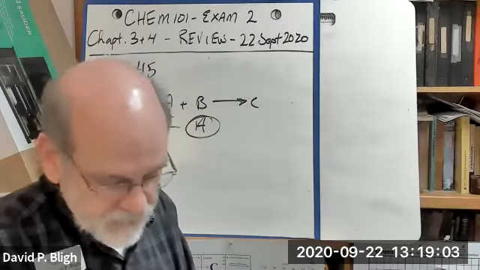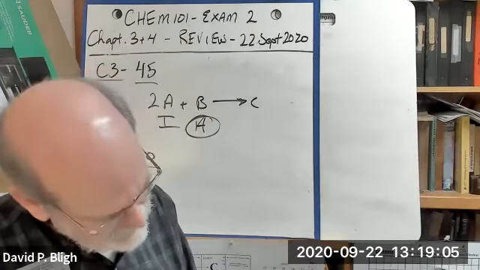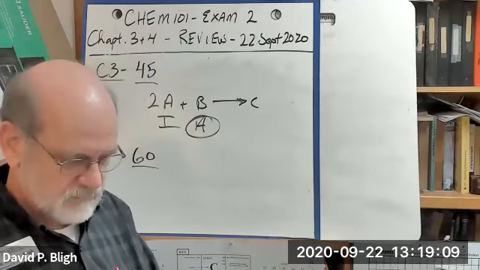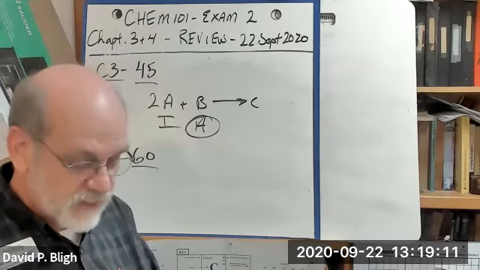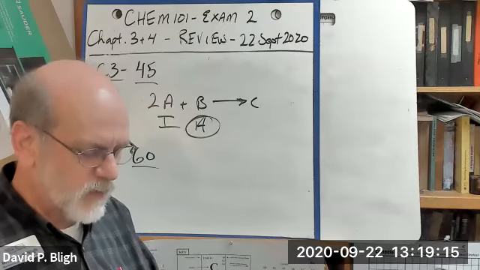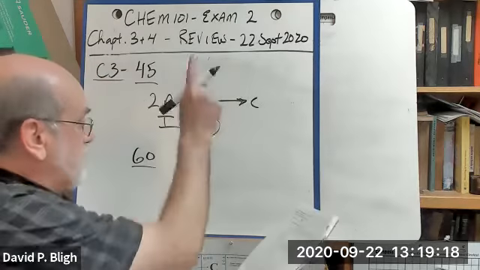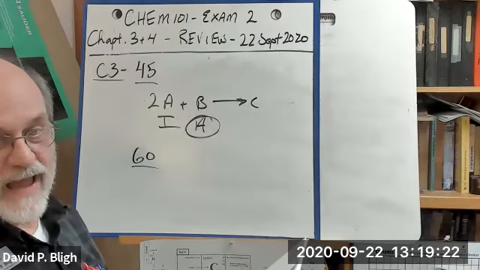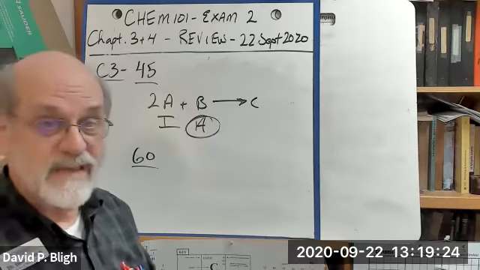Okay, now let's turn to 60. And it uses a similar, not exactly the same, but similar. And we're asked, a chemical reaction has an equation here, same chemical equation, in which case is B the limiting reactant? All right, so what does that mean?